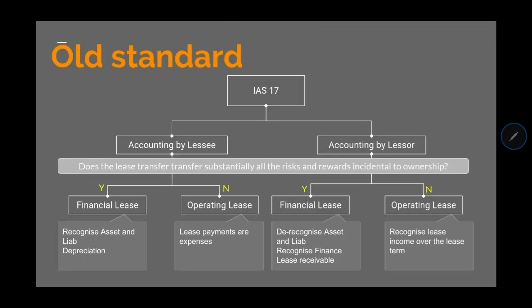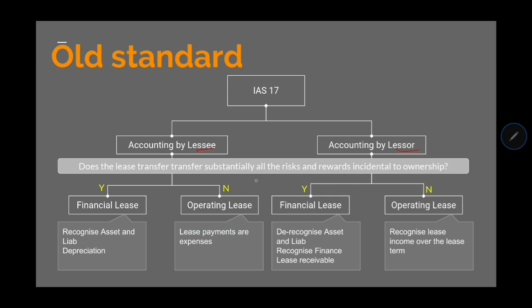So first let's go through the accounting method in the old standard IAS 17, and let's then look at what has changed from the old standard. This standard has got accounting treatment in the books of both lessee and lessor. The biggest question to ask is, will the lease transfer substantially all the risks and rewards incidental to the ownership?